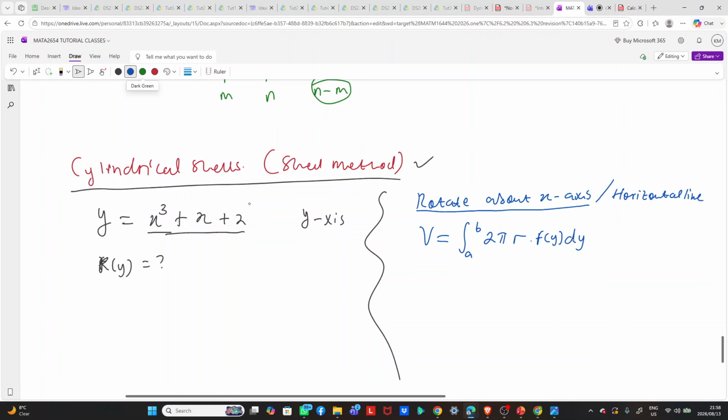Let me think about it. Yes, if you are rotating about the x-axis, you're going to integrate in terms of variable y.